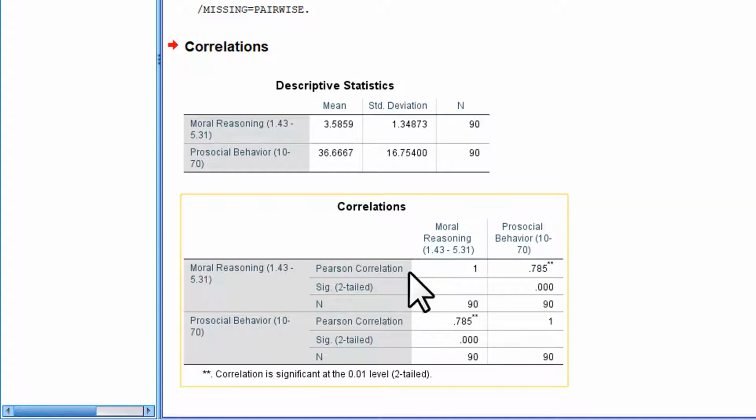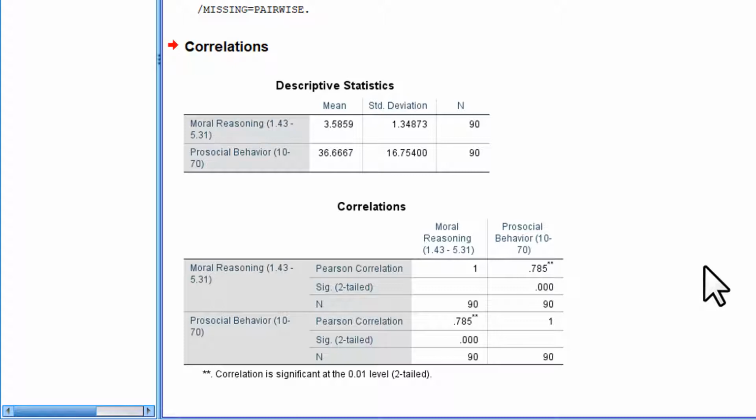The Pearson correlation here, which is represented by letter R, represents the strength and direction of the relationship between two continuous variables. The R coefficient can range from 0 to 1 and can be positive or negative. 0 means no relationship and 1 means perfect relationship.